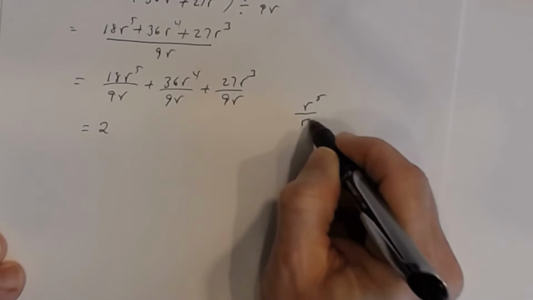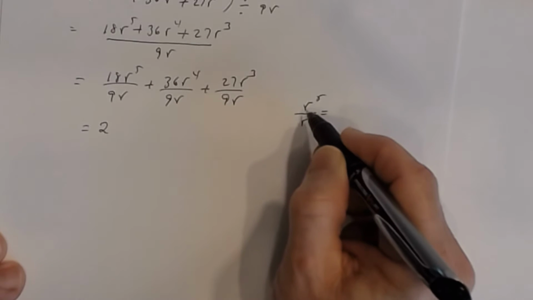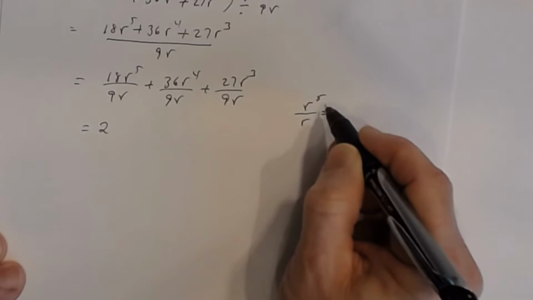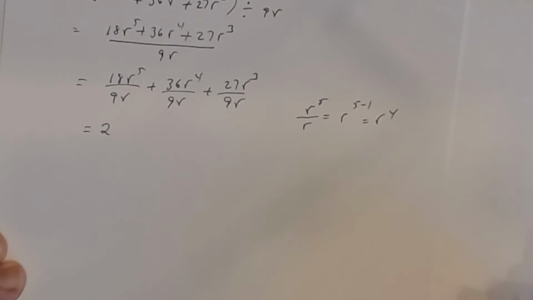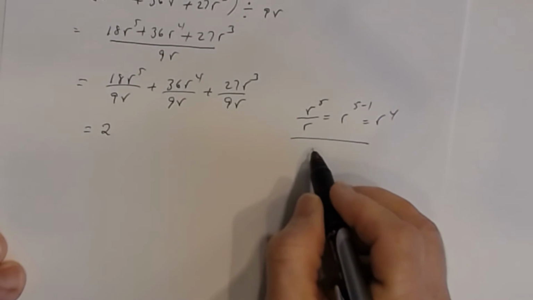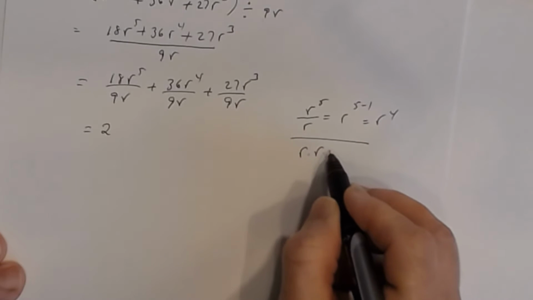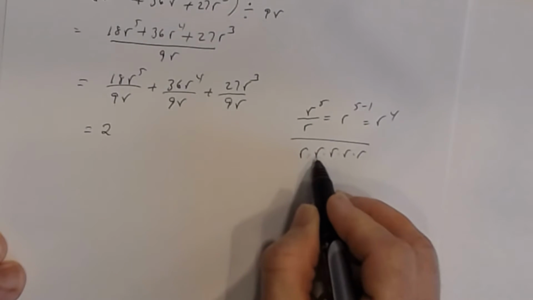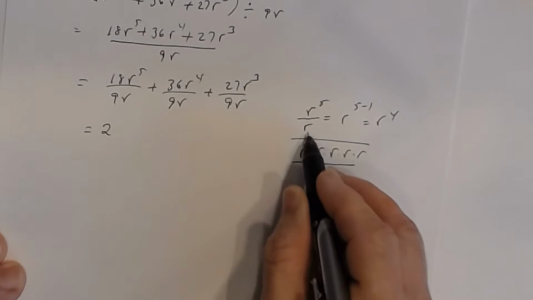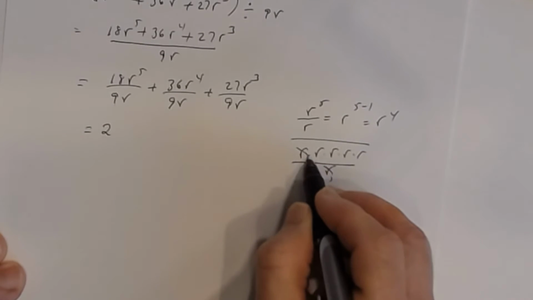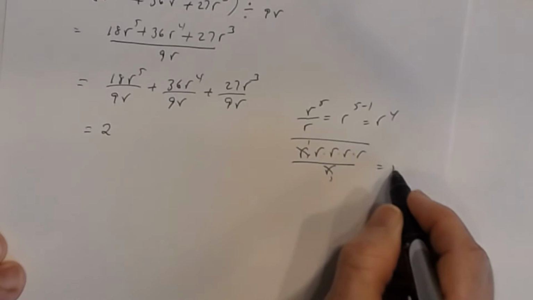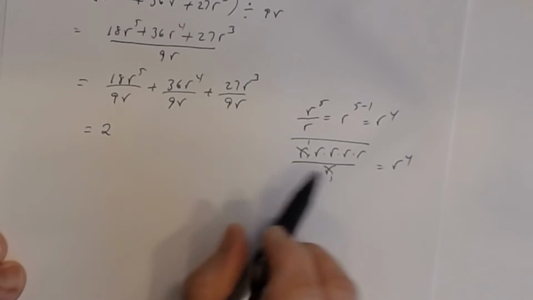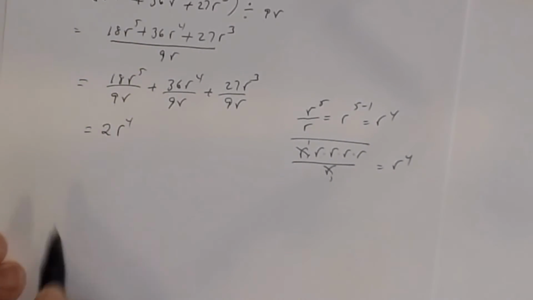I can use a property that says divide like bases, subtract exponents. So that's r to the 5th minus 1, which is r to the 4th. I could also think of this as r times itself 5 times, divided by 1 factor of r, and then reduce. R times r times r times r times 1 is r to the 4th. So this is 2r to the 4th.